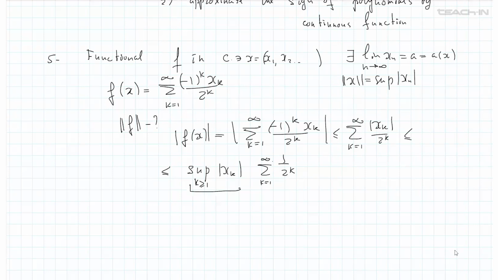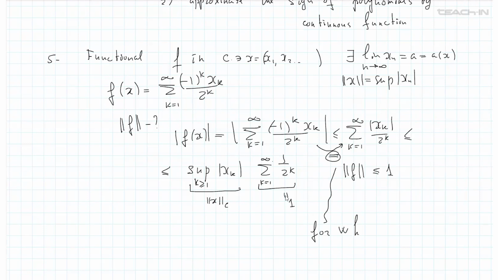It is just the norm of the sequence x in c, and this is equal to 1. So we obtain that the norm is less than or equal to 1, but the conjecture is that the norm equals 1. If we analyze the transform from this to this, on what sequence do we have equality?